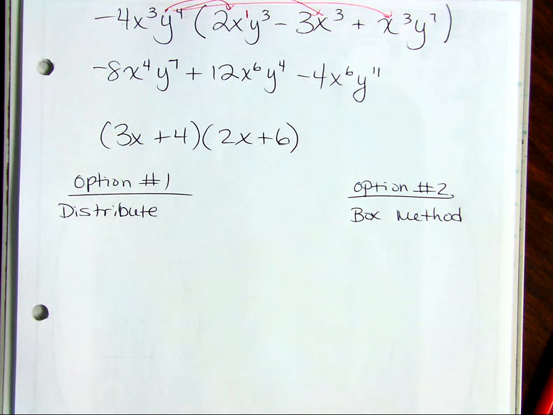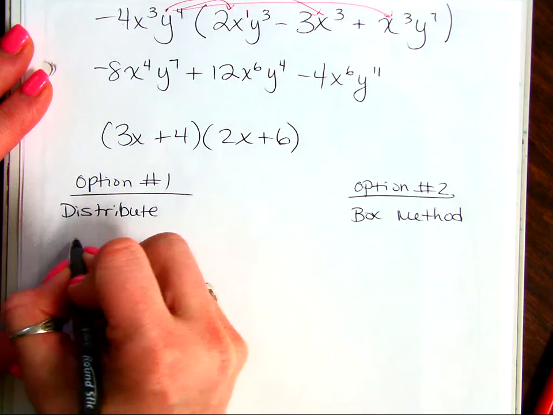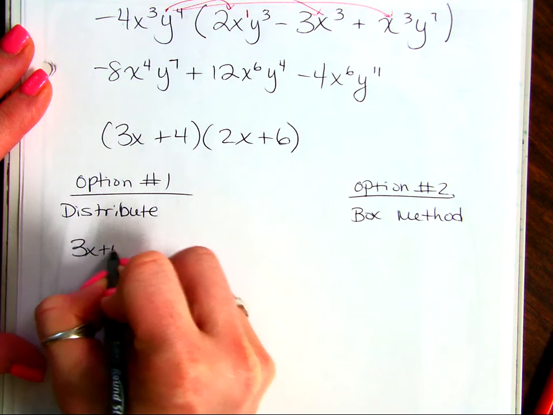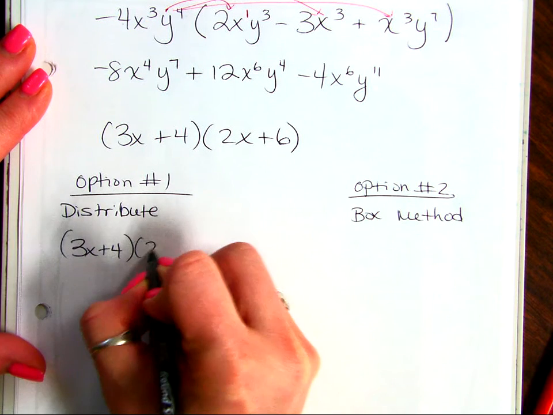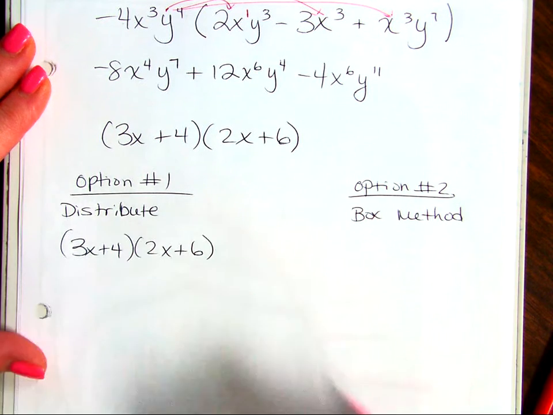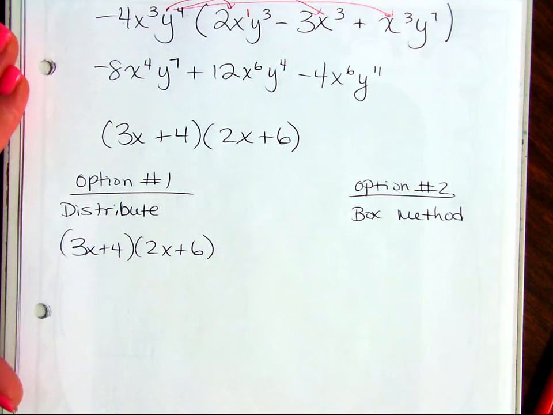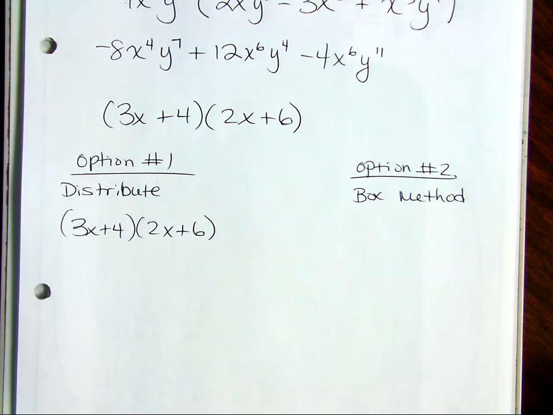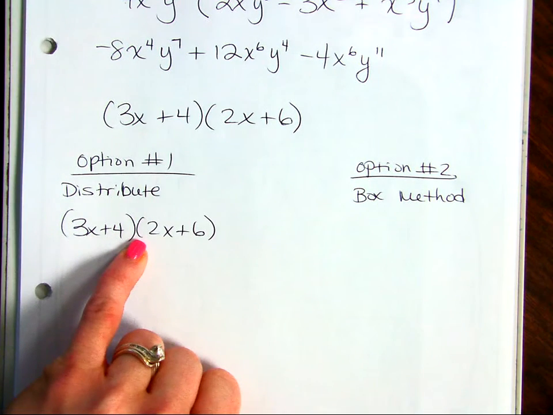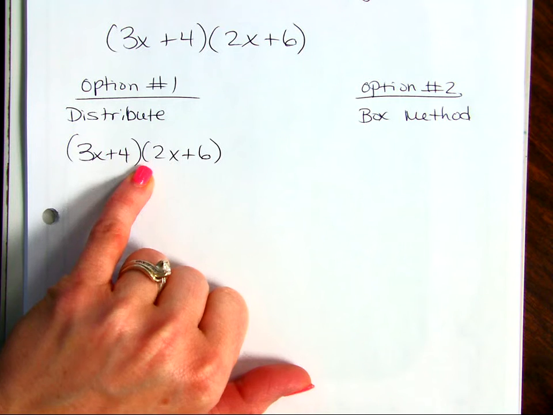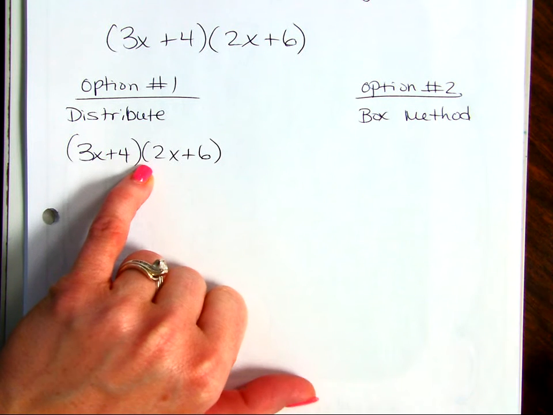All right. So option 2, option 1, distribute. So let's take this 3x plus 4 and this 2x plus 6. And on a little side note, this almost looks like the quiz we just got passed back, except what was in the middle of it? Right, a plus or a minus.